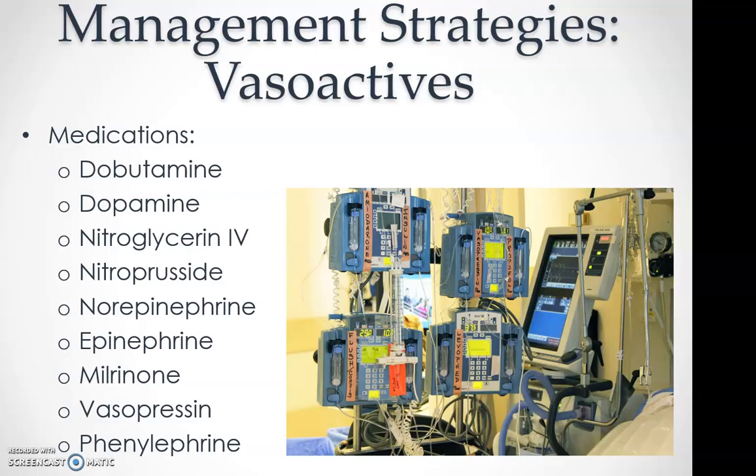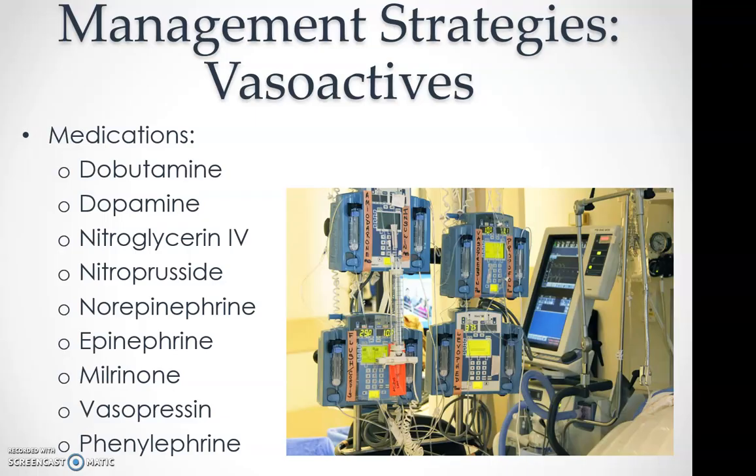So it might be given to increase renal perfusion at a very low dose. At 5 mics and above, it vasoconstricts and increases your blood pressure. Nitroglycerin dilates smooth muscle, so it vasodilates and helps lower blood pressure.